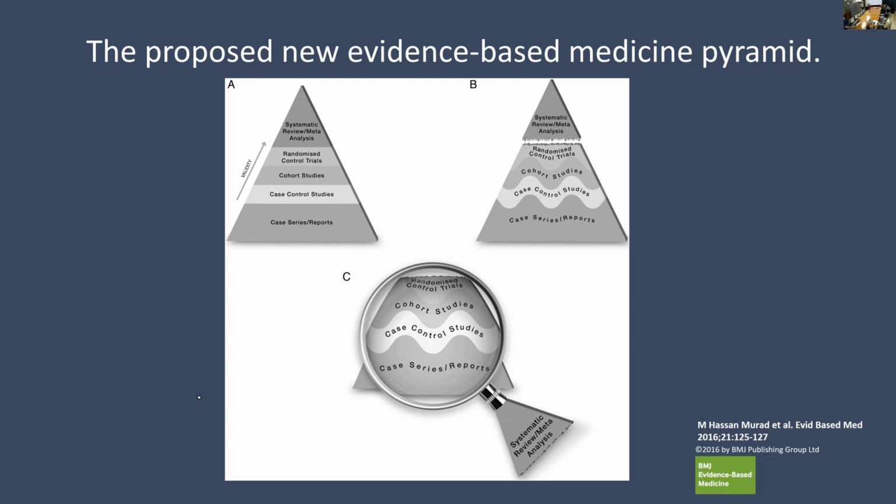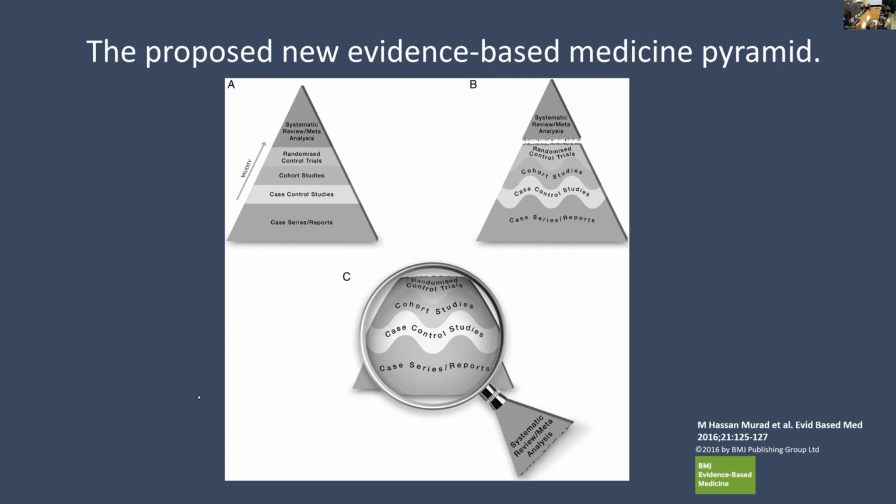Depending on the GRADE, you would either rate them one step up or one step down. So that is one change in the evidence pyramid. The second thing is the systematic review and meta-analysis over all of these things.